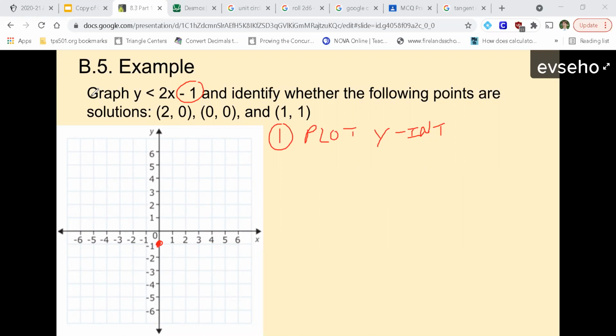Step number 2 is the one I get asked about the most. In order to draw a line, you need 2 points. We only have 1. To get your second point, you will use your slope, the rise over run.